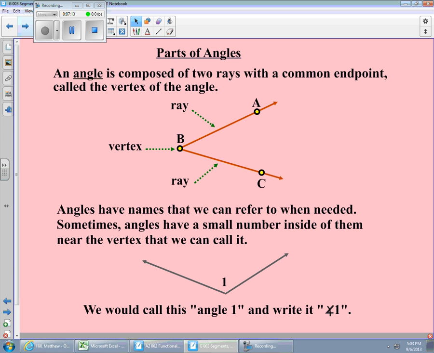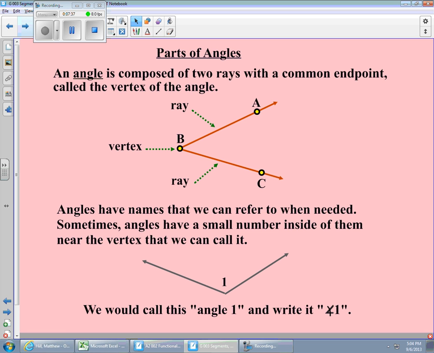We also have a little shorthand notation for angles. You see it down at the bottom right. It looks like something similar to a less than sign, but it has a little arc drawn across it, and it is pronounced angle 1. Now, it's important to note, how do you know that this is a name of an angle as opposed to a measurement that is being shown in the angle?